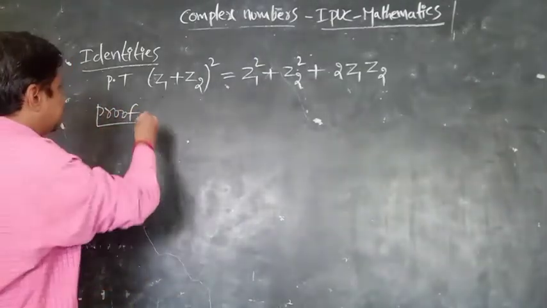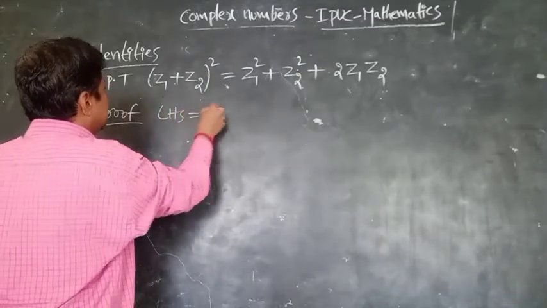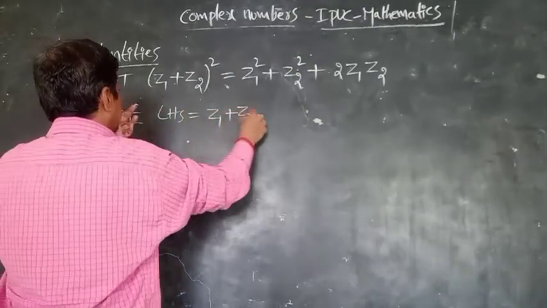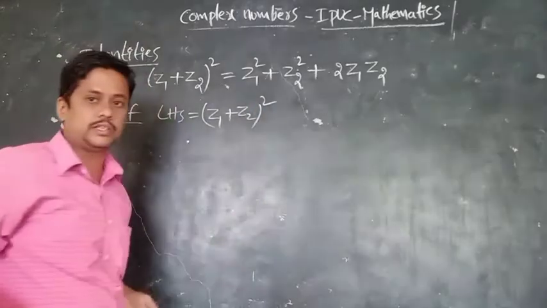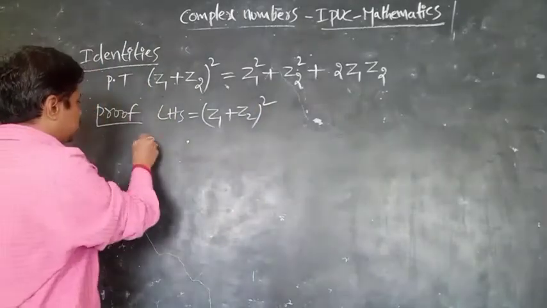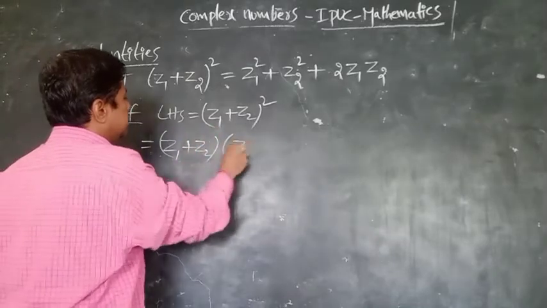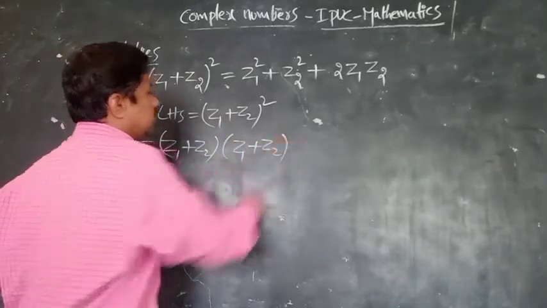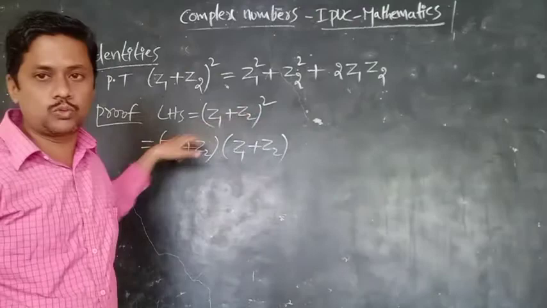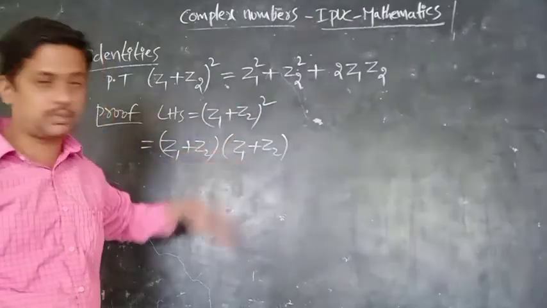Proof. LHS: (Z1 + Z2) whole square. (Z1 + Z2) whole square is equal to (Z1 + Z2) into (Z1 + Z2). Whole square means two times.